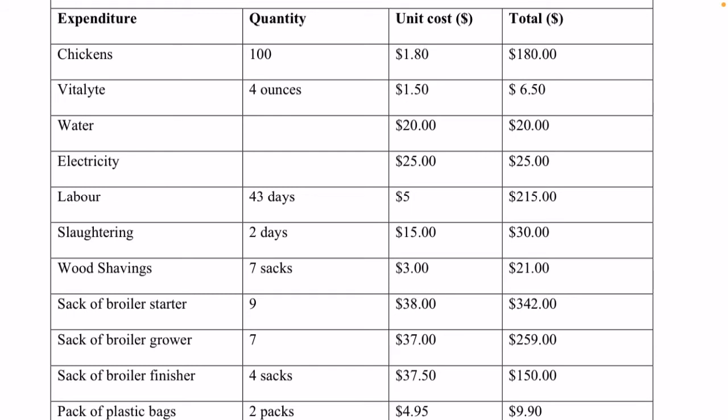I stress here again to ensure that you calculate all your totals correctly. Double check and make sure that you have your totals correct, because this is an area where students often overlook. And again, to get your totals under expenditure, you simply multiply quantity by the unit cost.